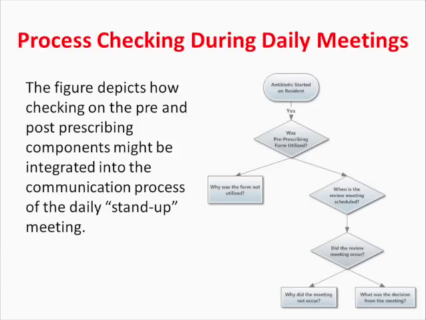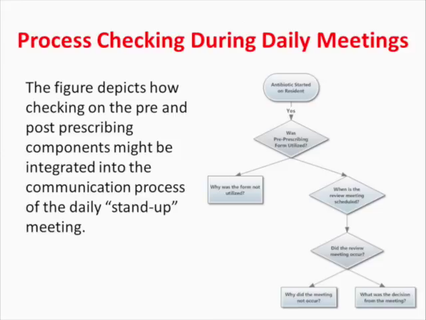The way that this tool might be used in daily stand-up meetings is to identify any event where an antibiotic is started on a resident and to ask systematically, was the pre-prescribing form used? Was the changing condition form used? If not, why was it not used, and what opportunities are there to recover from that?